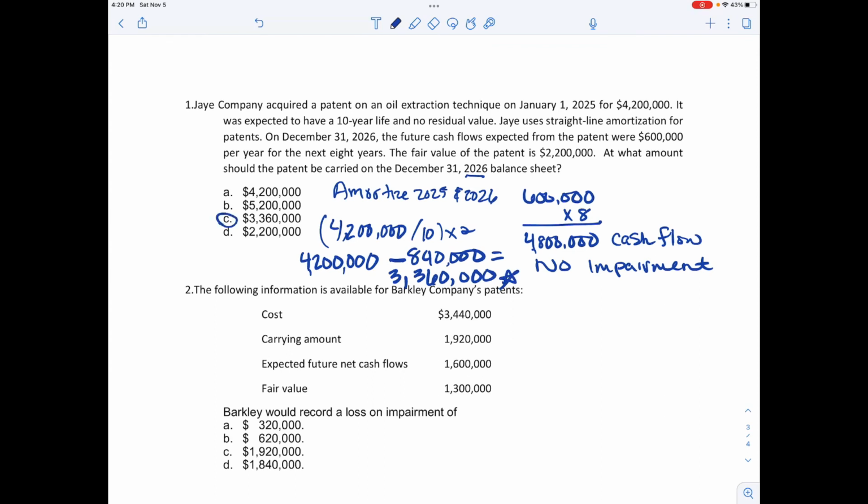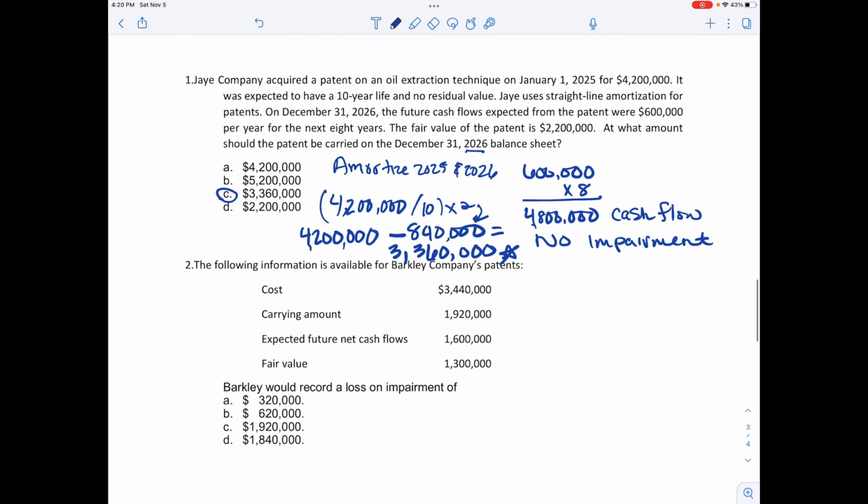So it should be C. Because there was no impairment, we're amortizing that $4.2 million, which calculates to 840,000 per year. Because they want the value at the end of 2026, we need to account for those 2 years of amortization. We subtract that, and we get our current carrying value.